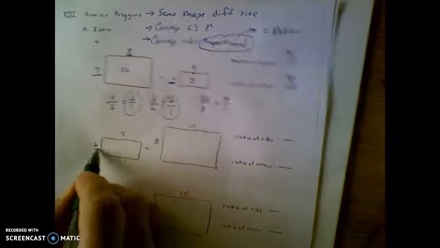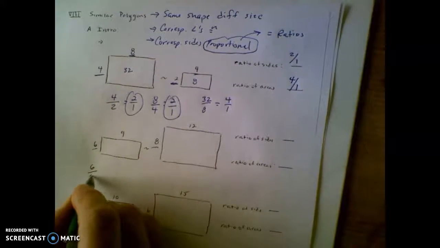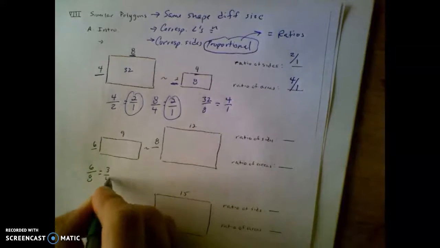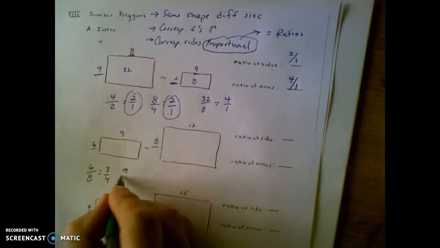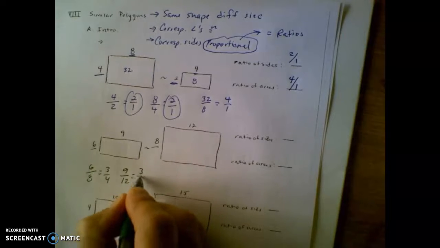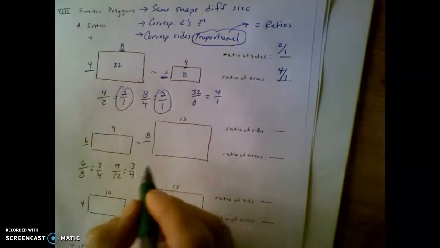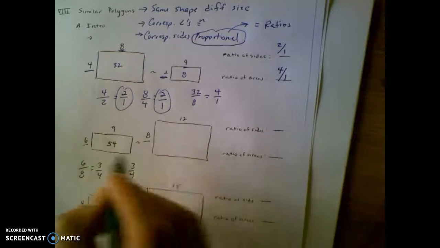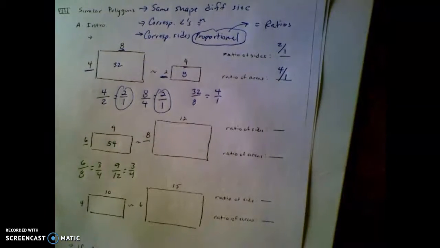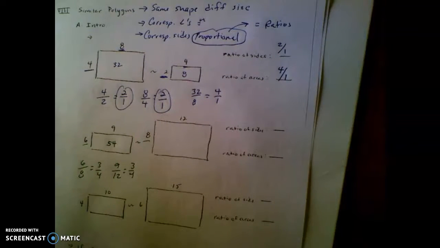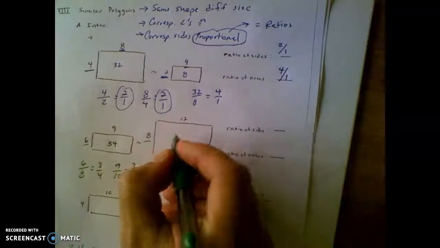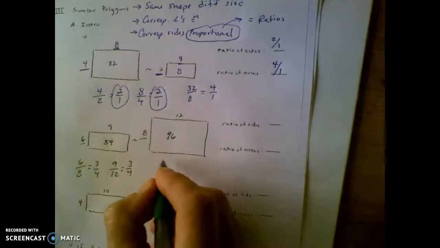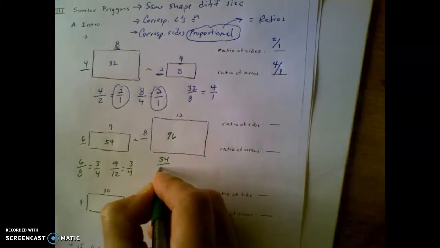Looking at these rectangles. So again, matching up corresponding sides, 6 and 8 correspond. They go down to 3 to 4. 9 and 12, that also goes down to 3 to 4. Then if I take the areas now, this is going to be 9 times 6 or 54 for the area. This is going to be 8 times 12, which is 96. So this would be 54 to 96.